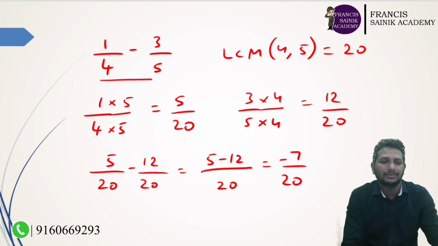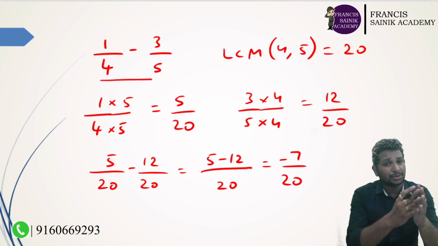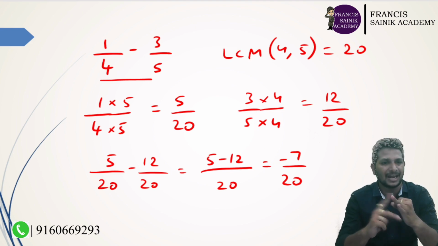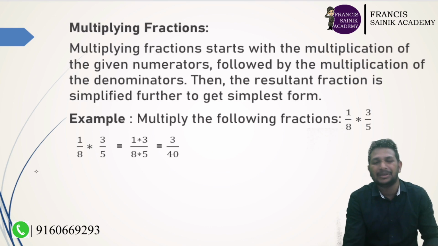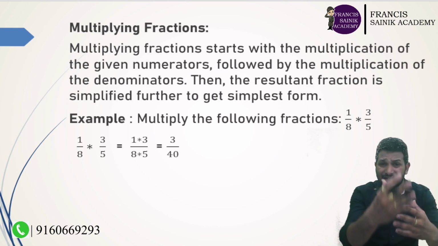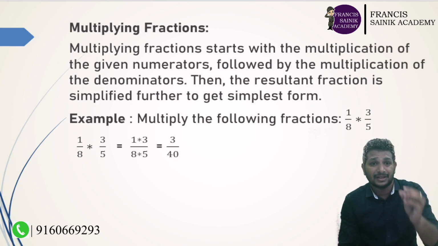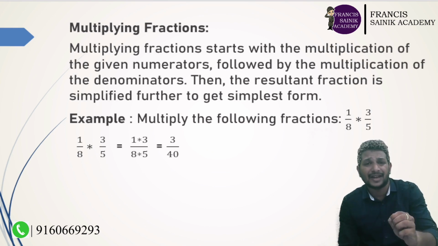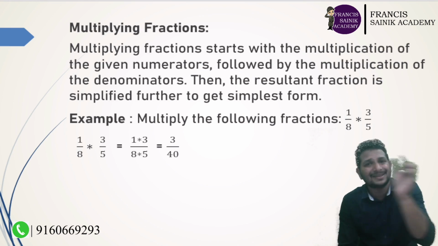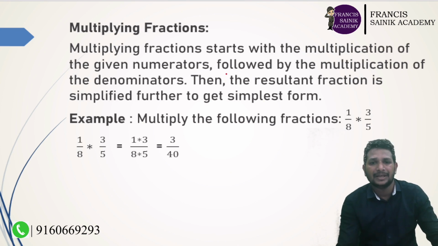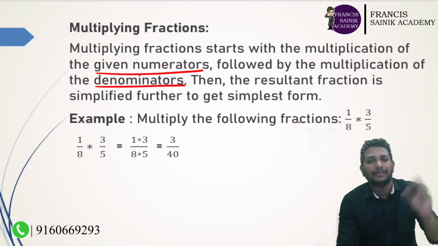Now let's see how to do multiplication and division also. Addition and subtraction we did for like fractions as well as unlike fractions. Let's see multiplication. In multiplication of fractions, simply multiply the numerators and multiply the denominators separately.